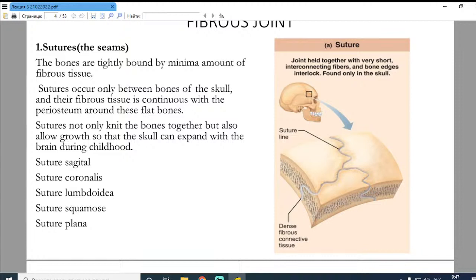What you see, a suture line between bone plates. You see, this is dense fibrous connective tissue. This is a suture between the frontal bone, sphenoid bone, parietal bone, temporal bone.